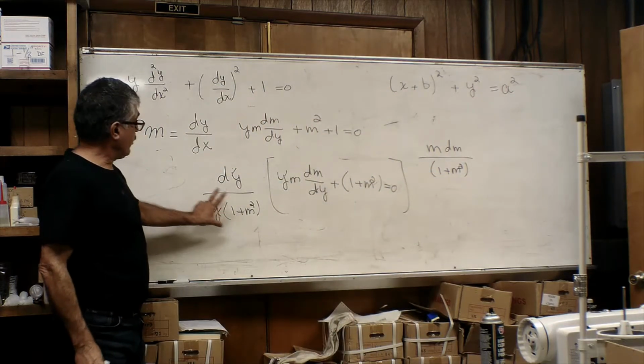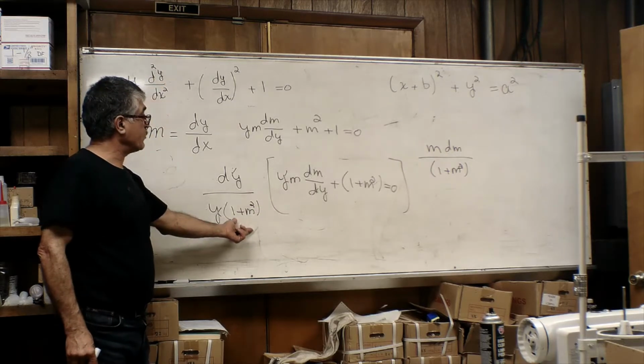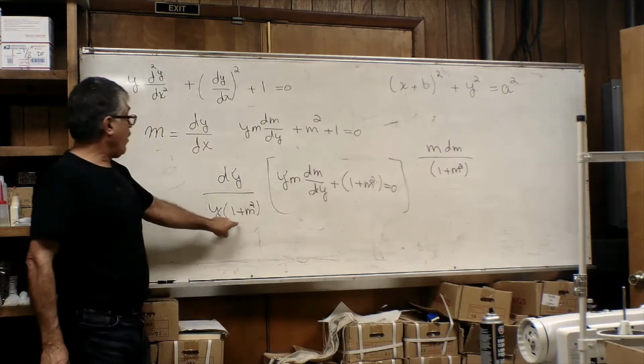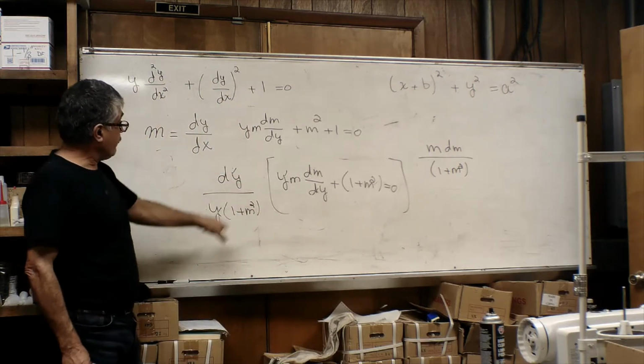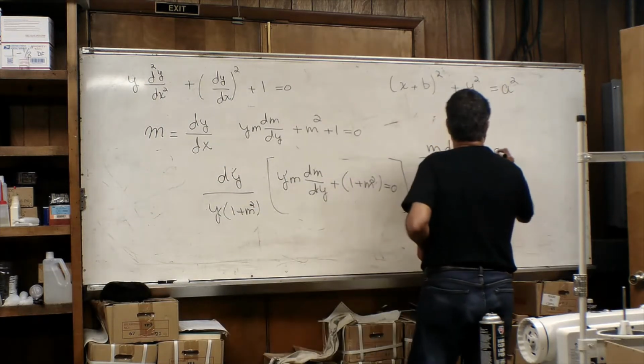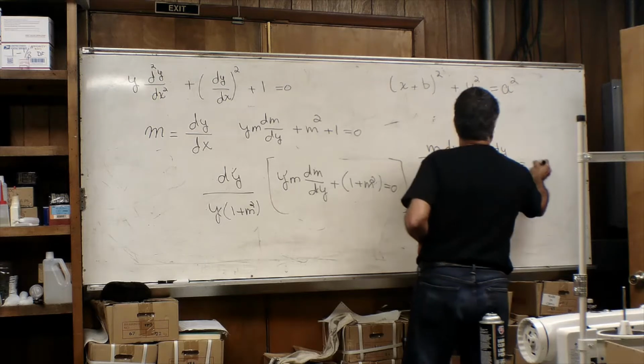If we multiply the second term, 1 plus m squared will cancel off from the top and bottom, so we are going to have plus dy over y equal to 0.